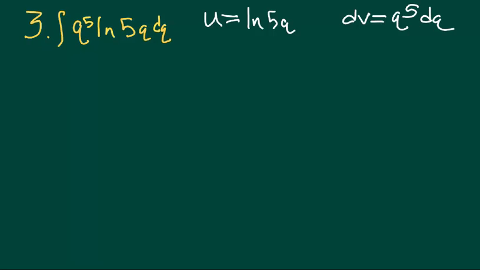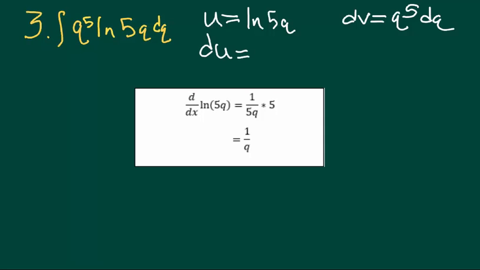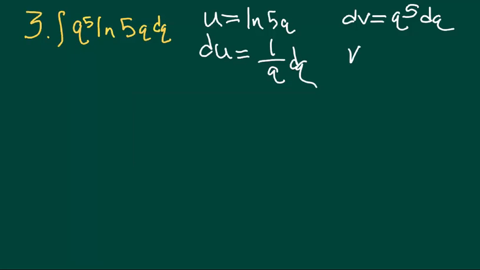And we're going to differentiate and integrate with u and dv respectively. So starting with finding du, du is equal to 1 over q dq. And v is equal to q to the sixth over 6.